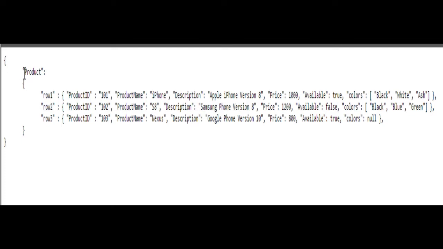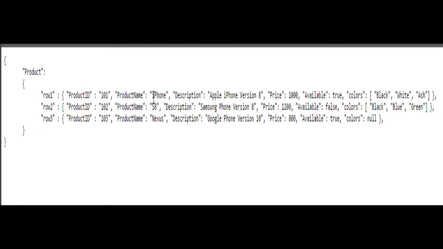Well, this is all about products. It is basically talking about some product descriptions here. I don't have to explain what this is all about, but I just want to make the point that by just looking at the data, it's very easy in JSON to understand what the data is all about. Even just to walk you through this JSON file, there's a product, there's a row, and each row is basically one product.